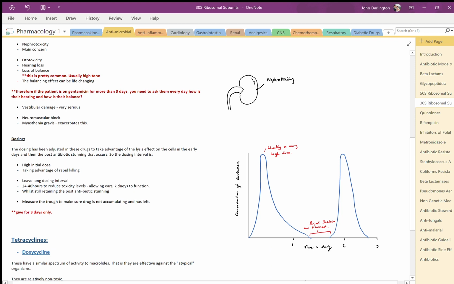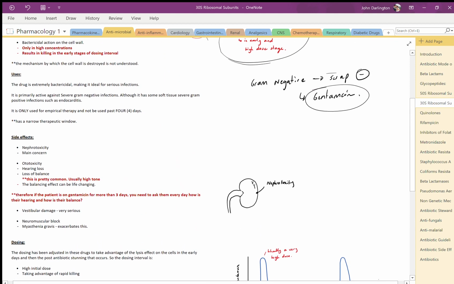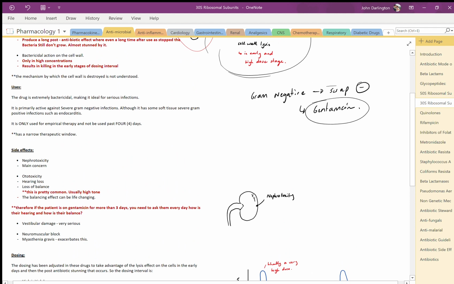Oh look, I've given you the peaks and troughs down here in my own notes. Anyway, the big thing to know about is that it's nephrotoxic. If you see any patients that are on gentamicin, you should be looking to see how long they've been on it. They shouldn't really be on it for more than 3 to 4 days.